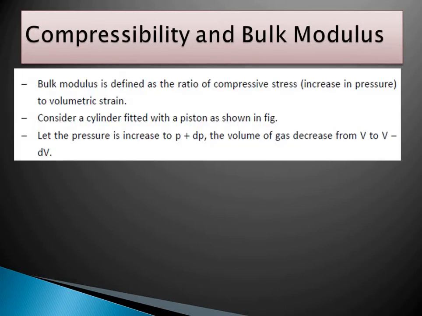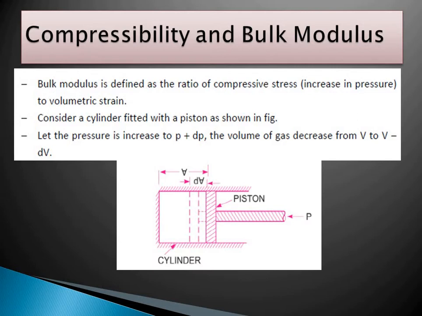So what is compressibility and bulk modulus? Bulk modulus is defined as the ratio of compressive stress to volumetric strain. For that purpose, consider a cylinder fitted with a piston as shown in the figure, having pressure P on the piston, and suppose V is the volume of the cylinder and the piston is displaced.